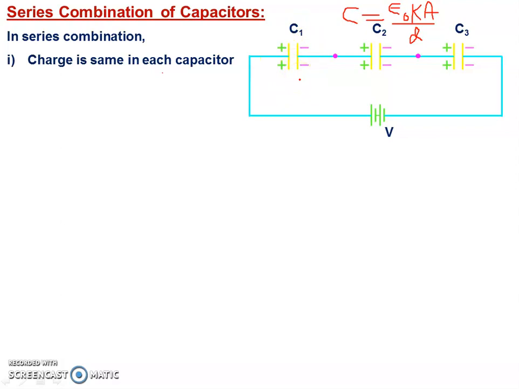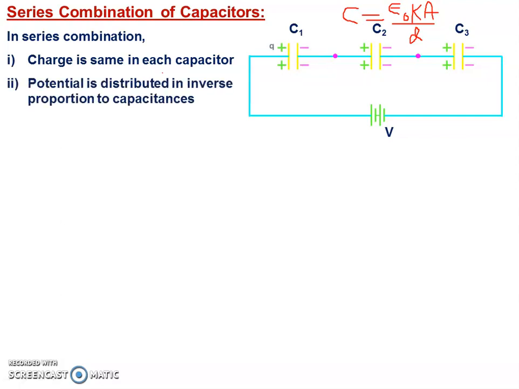It means V equal to Q by C1, right? So across each capacitor, the potential will be different. Since charge is the same and capacitances are different, the potential differences are different, right?